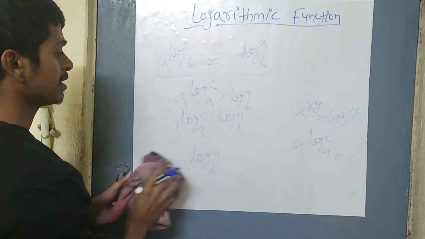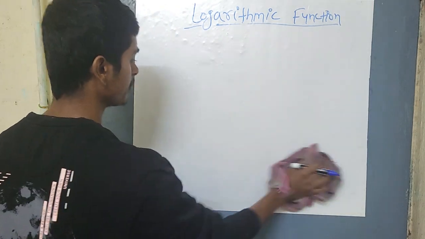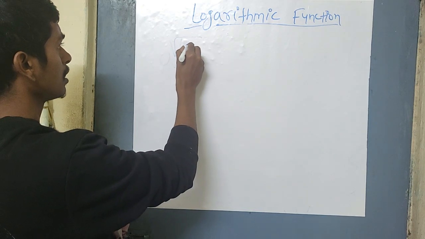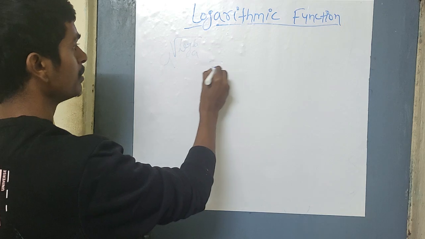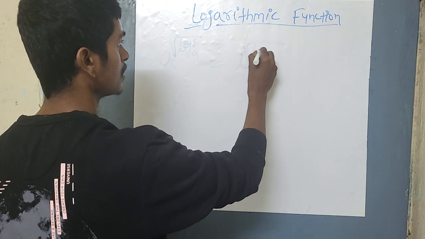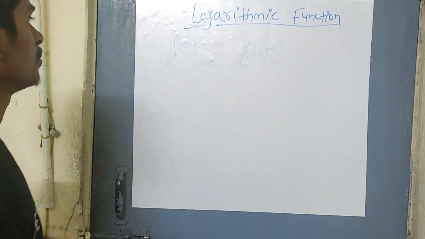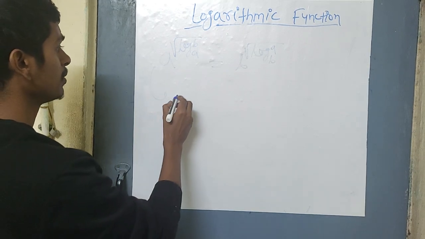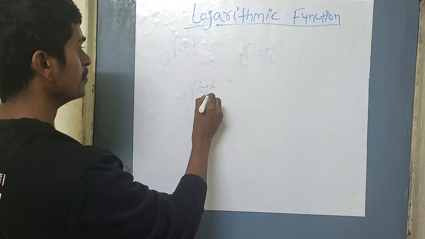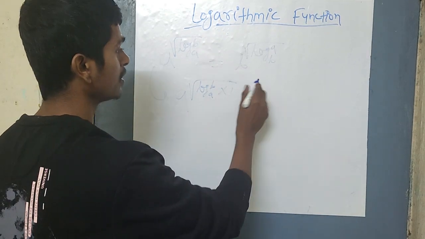Another very interesting result: a to the power root under log b with base a will be equal to b to the power root under log a with base b. You can prove it here also. Here you can take a to the power root under log b with base a, and multiply by 1, because multiplying by 1 has no effect in any question.